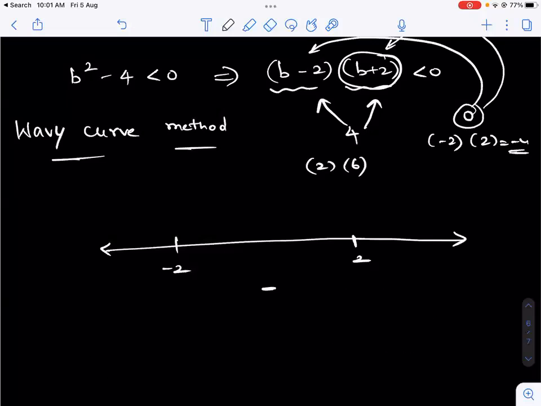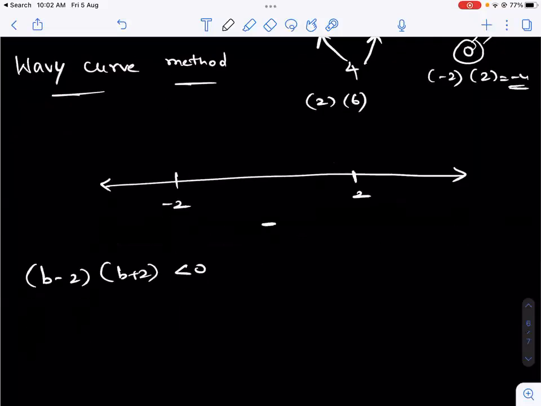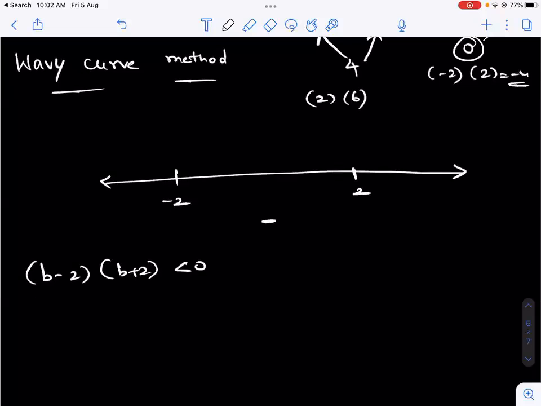Okay. Similarly, substitute any value on the left of minus 2. Tell me a number. See, this is the equation: (b minus 2) into (b plus 2) is less than 0. Concentrate on that. I'm trying to find the range of b which will give me the negative value. So you understood why I took minus 2 and plus 2?